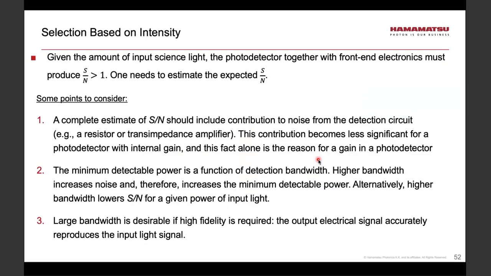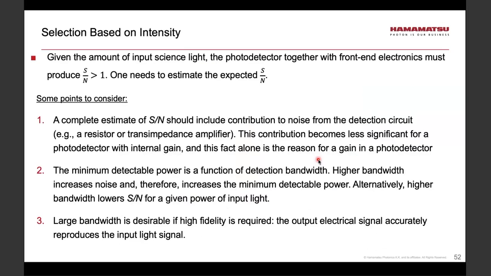Then we have a selection based on intensity. There are a number of bullet points here. We don't have much time to go over them in any great detail, but I will summarize in a single sentence. Here we have to optimize or maximize the signal to noise ratio.